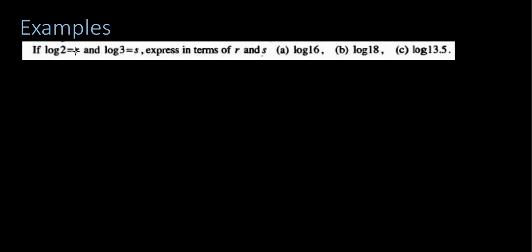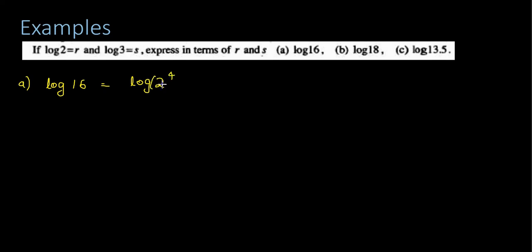So question number 1 is: if log 2 is r and log 3 is s, express in terms of r and s, first part log 16, then parts b and c. The a part says that log 16 we have to express in terms of r or s or both. So log 16 with any base, you can write as log of 2 raised to power 4.